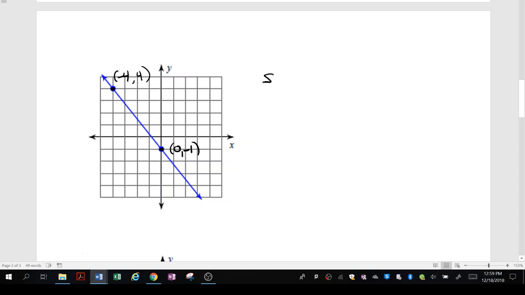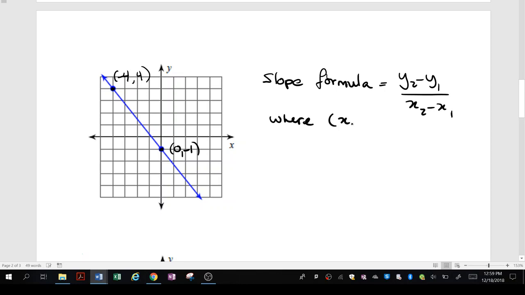And the formula for doing that, the slope formula, is y2 minus y1 divided by x2 minus x1, where (x2, y2) and (x1, y1) are ordered pairs on a graph.